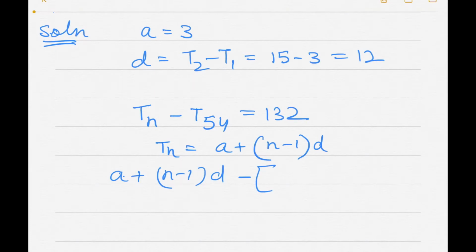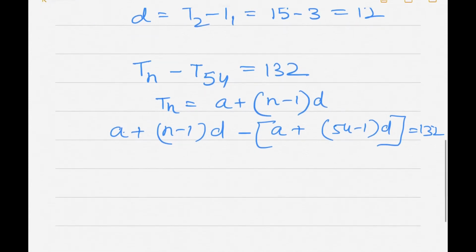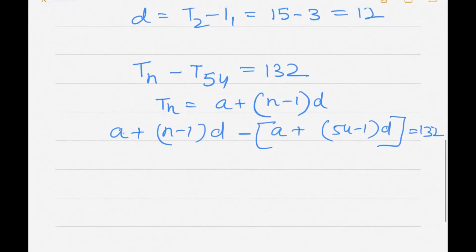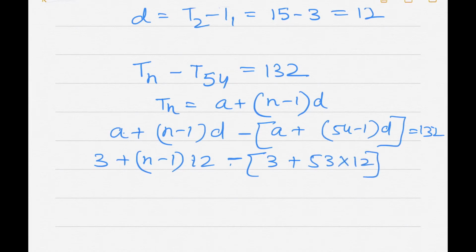So now this will be a plus n minus 1 into d, minus a plus 54 minus 1 into d is equal to 132. Okay, fine. Now let's see. So a is given to us 3 and d is 12. So 3 plus n minus 1 into 12. Okay, minus a is again 3 plus 53 into 12 is equal to 132.